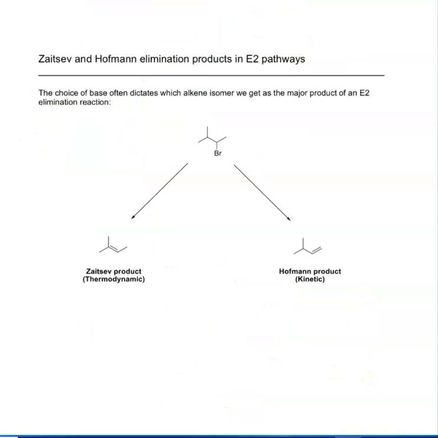There's one more idea that we can consider when we're doing an E2 reaction, or attempting to do an E2 reaction, with a strong base. We've been talking about Zaitsev's rule. So Zaitsev's rule, just to remind you, produces the more substituted alkene isomer.